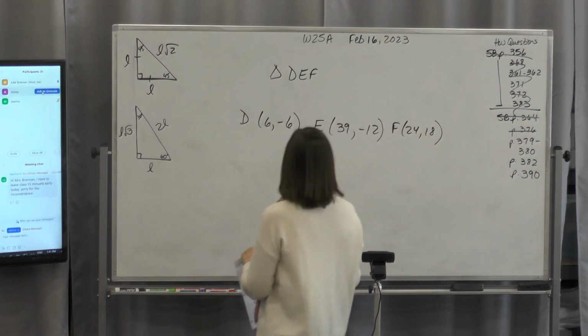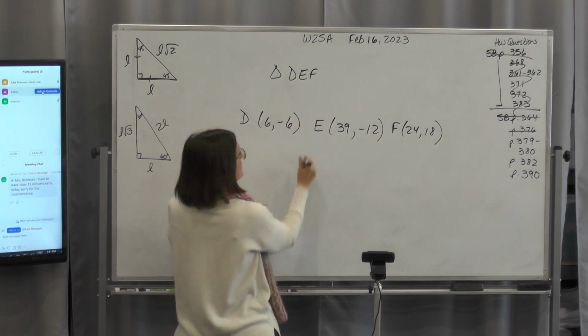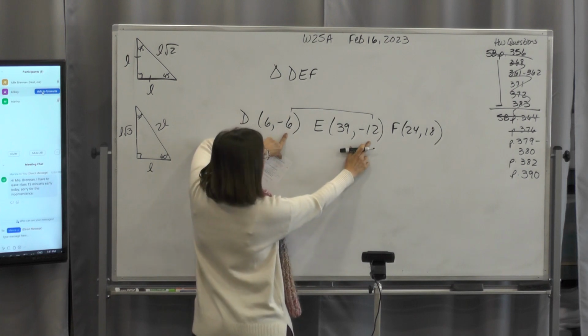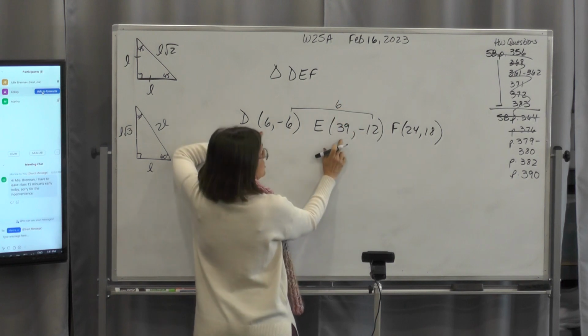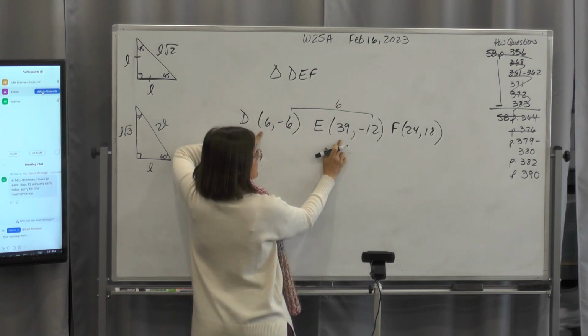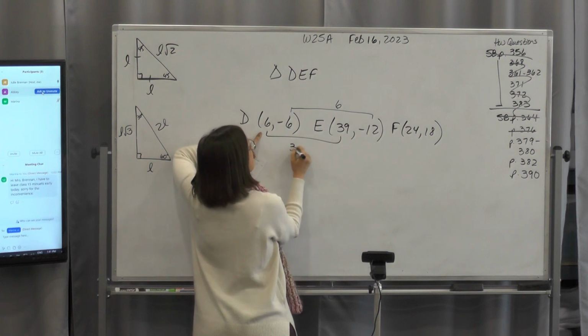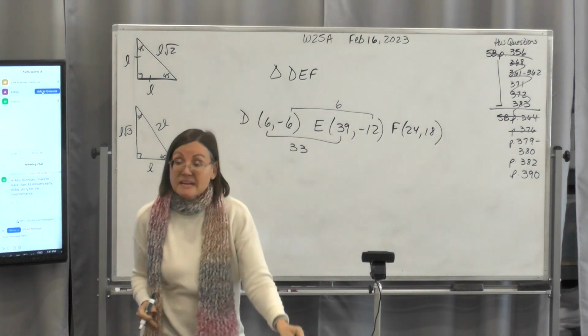If I want to know the distance between D and E, between these 2 points, it's the distance of 6. Between these 2 points, 33. Now I'm not doing slope here, be careful, but I am doing distance.